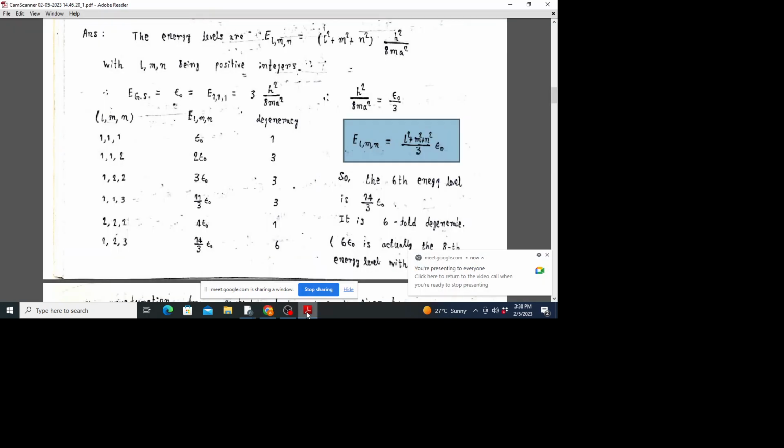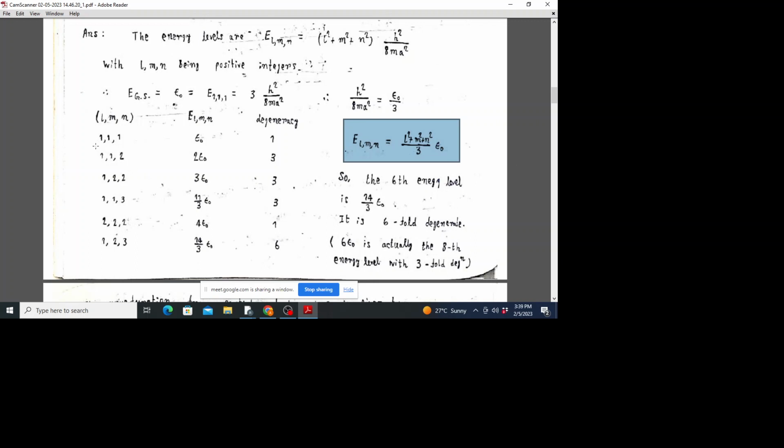Okay, so now as you can see, there may be cases when different combinations of L, M and N can lead to the same value of L square plus M square plus N square. When that is the case, we call the energy degenerate, right?